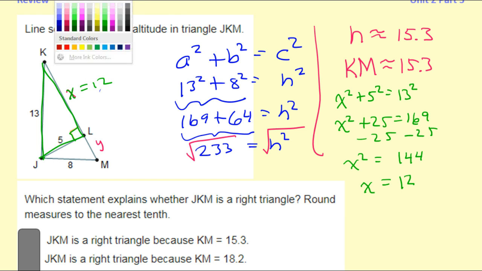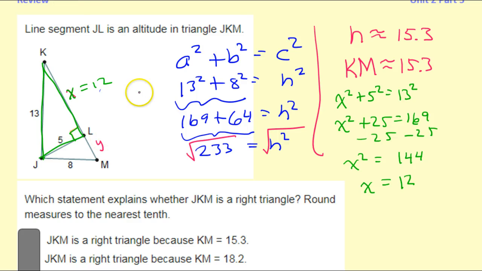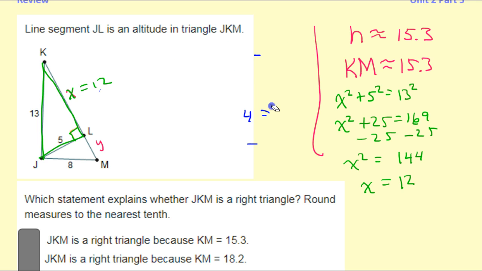Now let's go back and find y. I'll use this space. I'm going to find y using this right triangle, which is definitely a right triangle. So y squared plus 5 squared should equal 8 squared. I'm just doing the Pythagorean theorem.